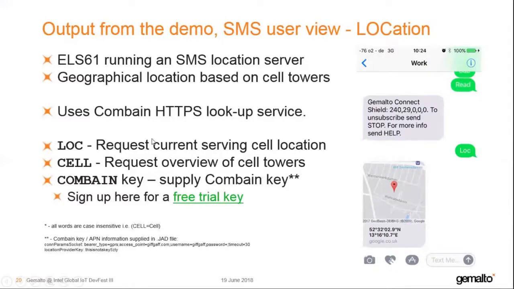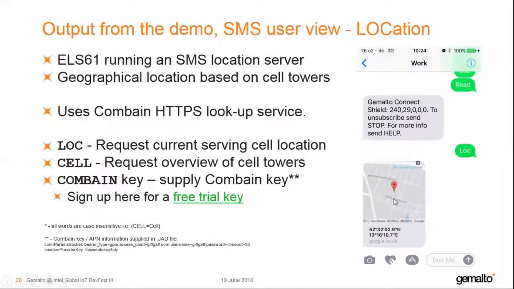With the location stuff, we can either just look at the MCC, the mobile country code, and say, yeah, we're in Germany, or yeah, we're in the US, or we can be a little bit more specific. In this case, we're using a service from a company called Combane, just in this demonstration, where I can get cell-based location. You can get a free trial key for the Combane service from here, if you'd like to have a play with that.